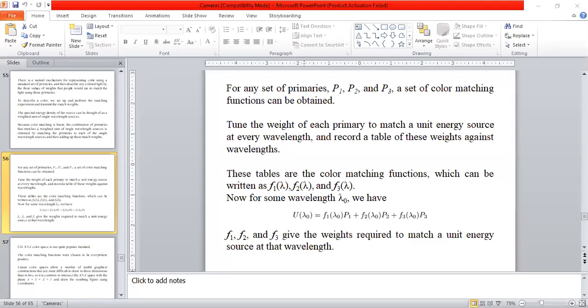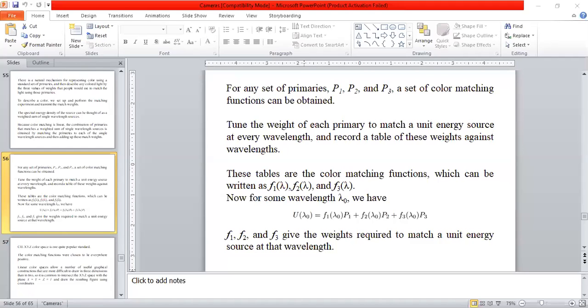I record all this in a table along with their wavelength, because wavelength decides the color of the light. So these tables are the color matching functions. For a particular lambda, they tell us what weight values give this color as output when RGB is used as the primaries.